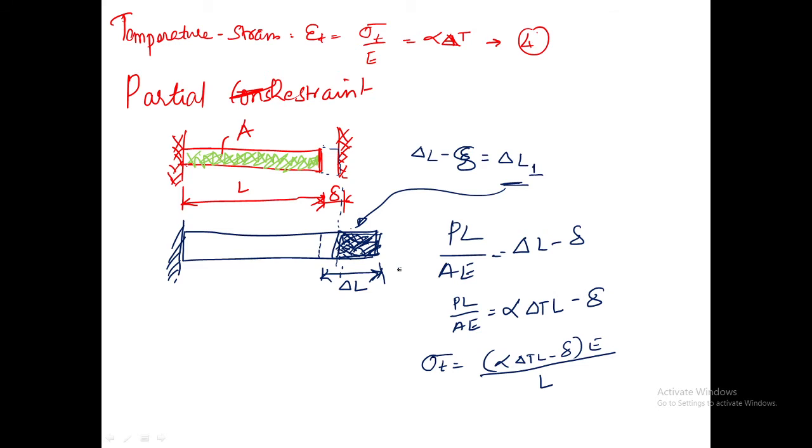If it is completely constrained, then you go for the first case, that is sigma T equal to E alpha into delta T. Okay. So this is the case of a simple bar.